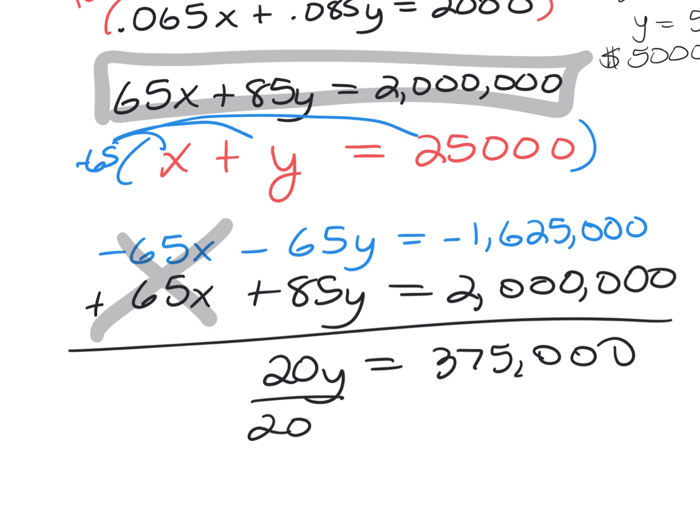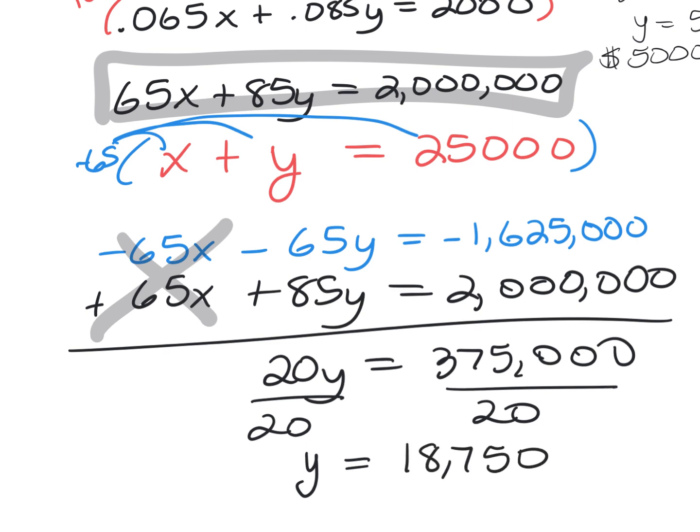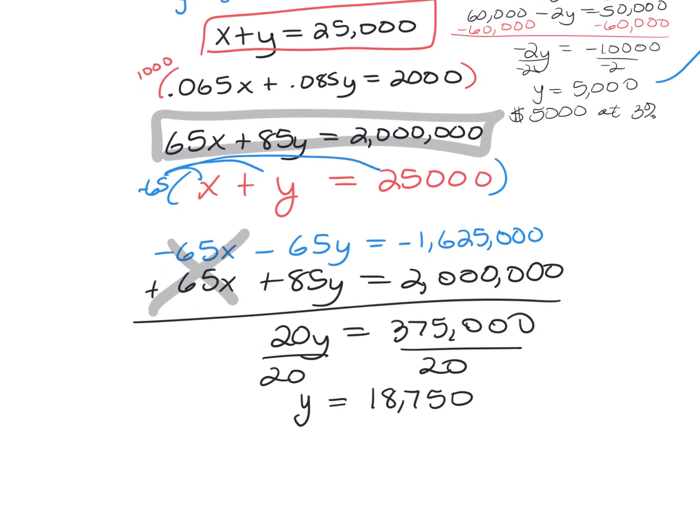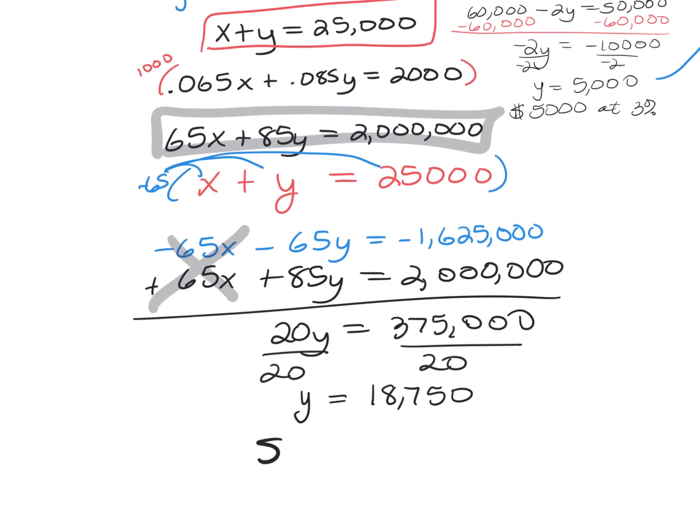Divide that by 20. And y is equal to 18,750. Remember, we define y as being the amount of money that was invested at the 8.5%.